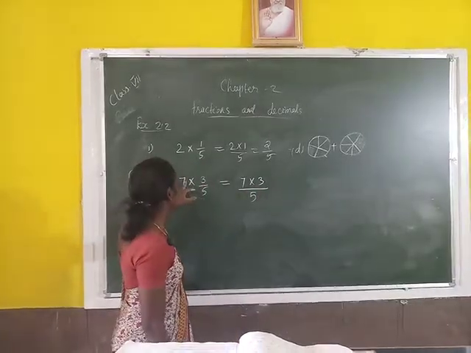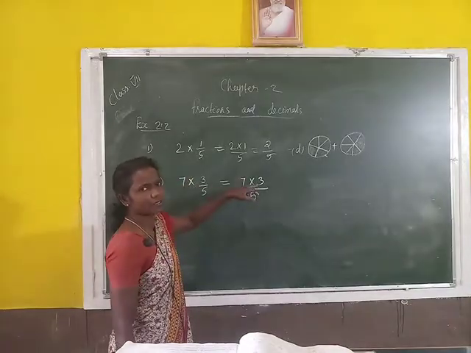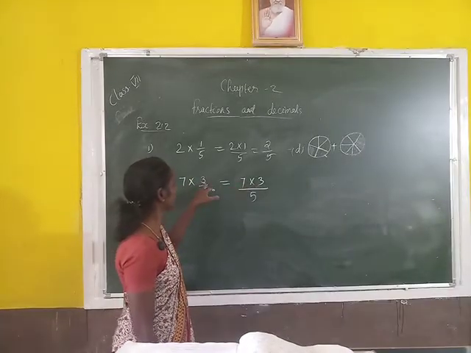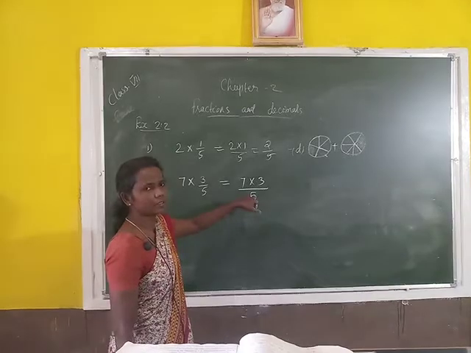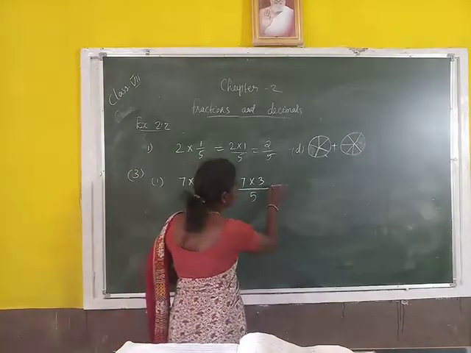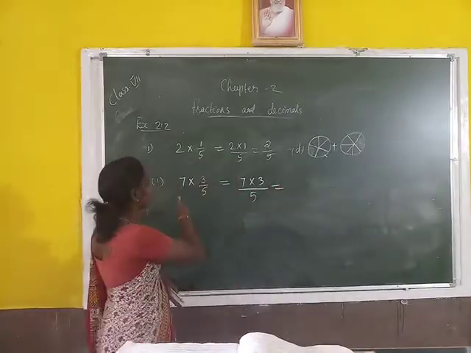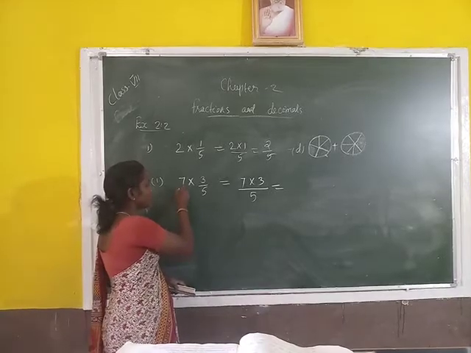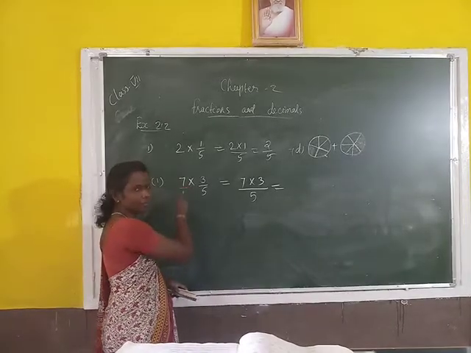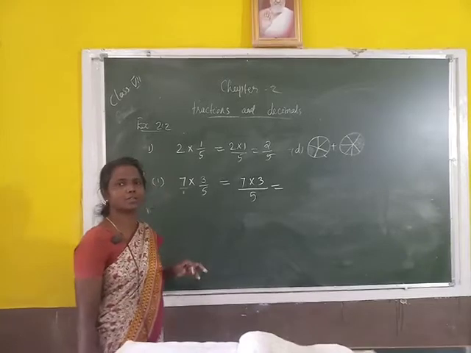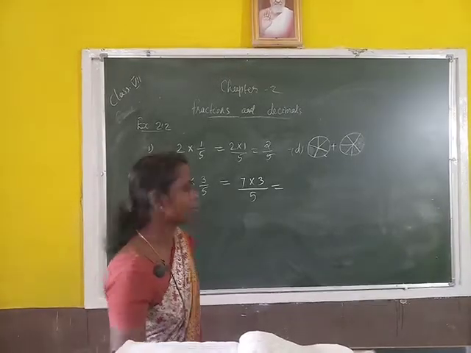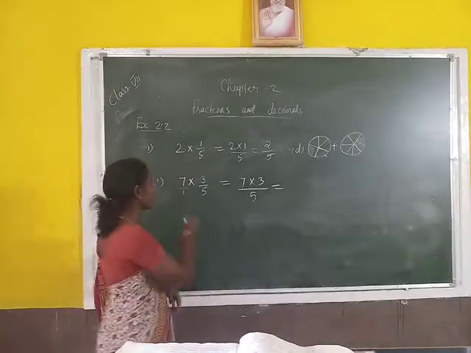Here we multiply numerator by numerator and denominator by denominator. What is the denominator of 7? The denominator of 7 is 1. Means a number that has no denominator has denominator 1.